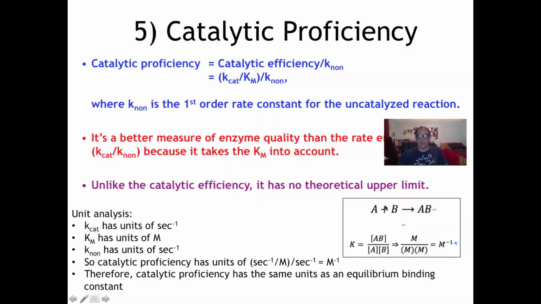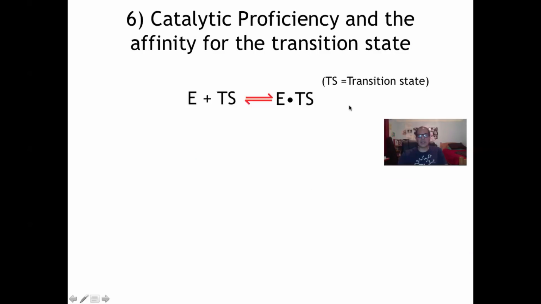So the catalytic proficiency is some kind of a binding constant, it would seem. What kind of a binding constant is it? It turns out that the catalytic proficiency is the binding constant for this reaction here. It basically tells us the binding affinity of the enzyme for its transition state.